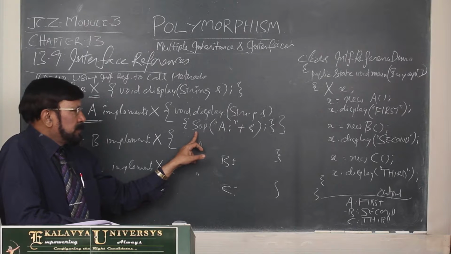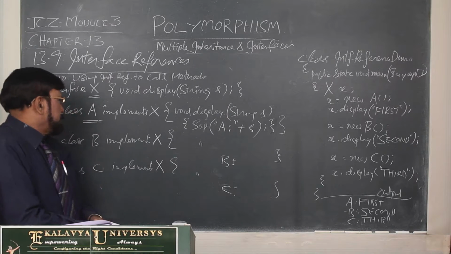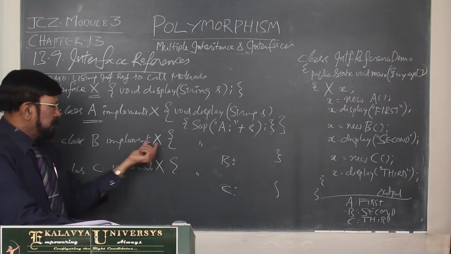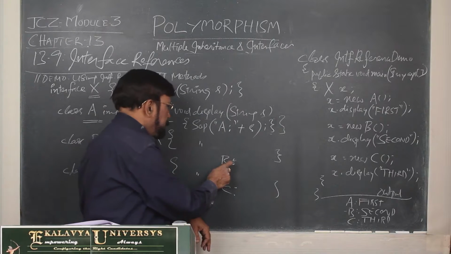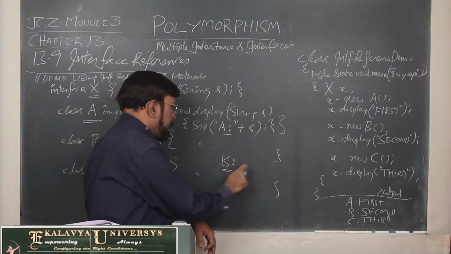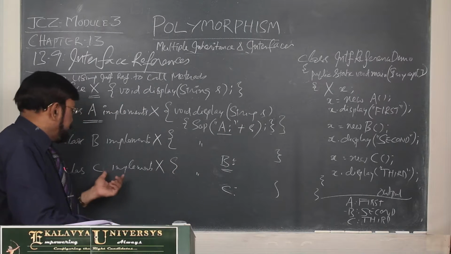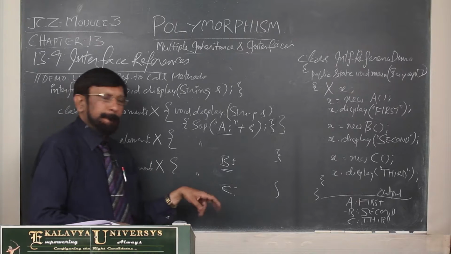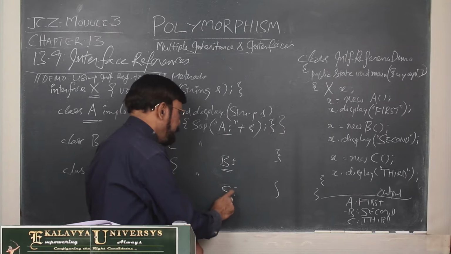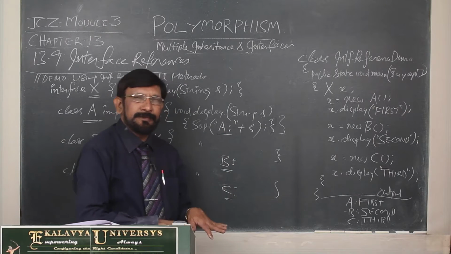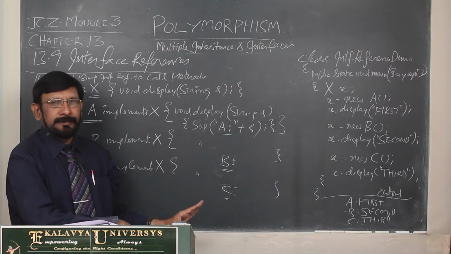There, the SOP statement we are writing is A and S. In the same manner, class B implements X. The same code we are writing except one change: here, instead of A, we are writing B. Entire thing is same. Next, C implements X, and the entire thing is same except this one. In the SOP statement, instead of A I am writing C, that is all. However, do not take anything lightly, you write it yourself.